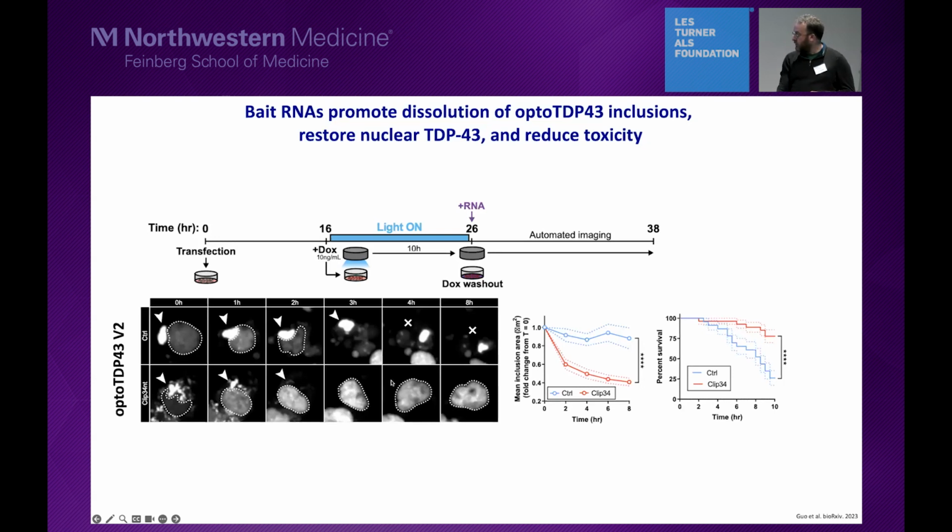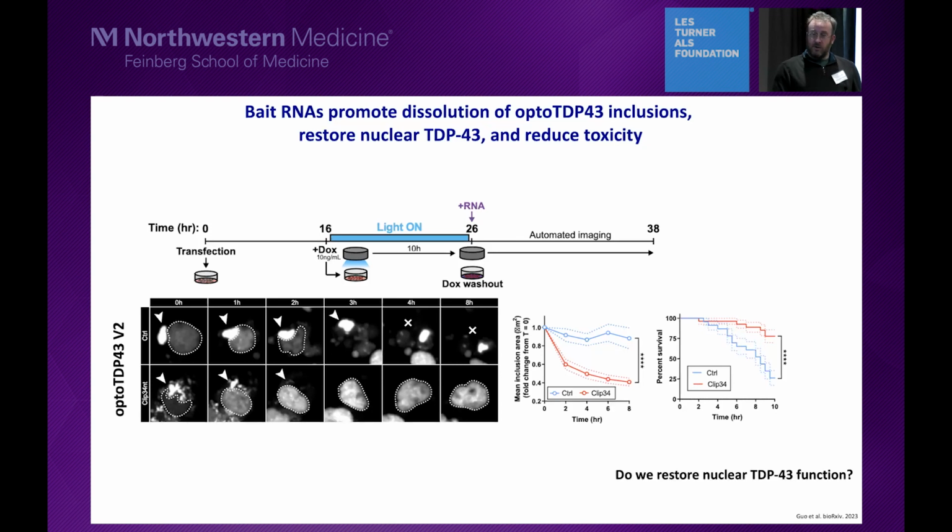This turns out to be something that's highly protective to these cells in culture as well. And so, boy, would you like to be able to do that in ALS patients, right? If we could really get TDP-43 out of those aggregated structures in the cytoplasm and put it back in the nucleus, we'd anticipate that this would be something that would be highly therapeutic.